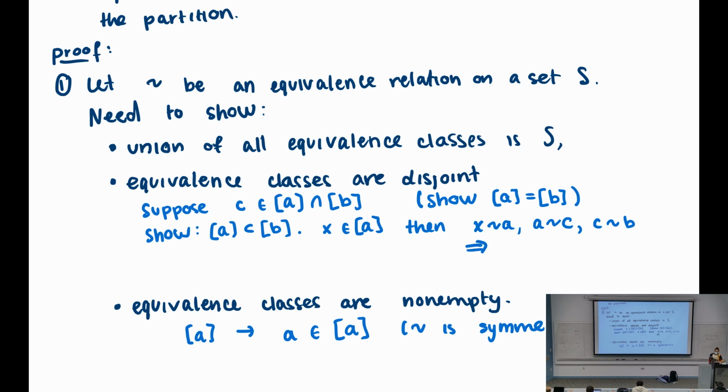So we have, by transitivity, that X is related to B, and so X is an element of the equivalence class of B. Okay, so that shows that the equivalence class of A is contained in the equivalence class of B, and we could use the same argument to show also that the equivalence class of B is a subset of the equivalence class of A. Okay, so that shows that the equivalence classes are disjoint.